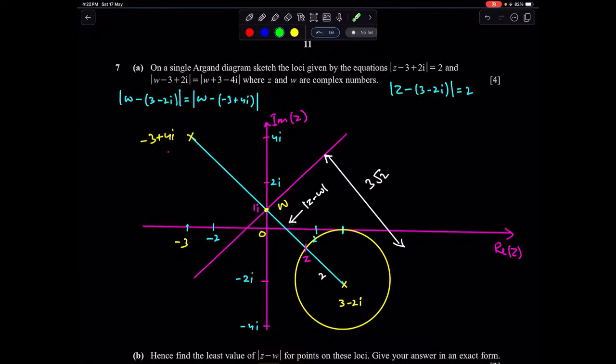Then you will get your correct answers. And one more thing, this should be in broken form. This is the perpendicular bisector of these two complex numbers. Anything else?